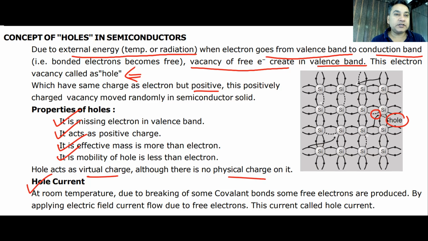Some of these electrons in the valence band will move into the conduction band, but the conductivity will be very less. They will not be good conductors. Yes or no? Yes, sir.